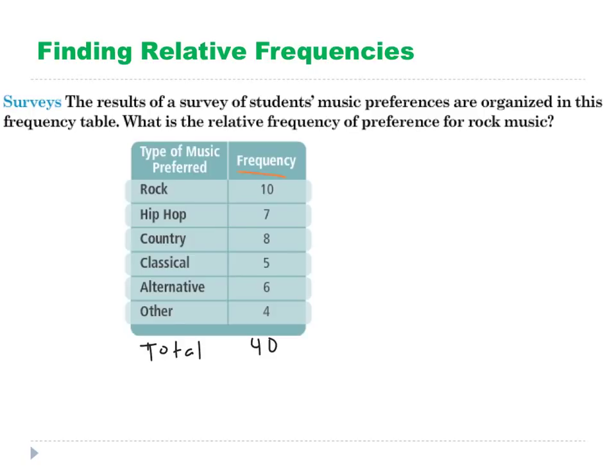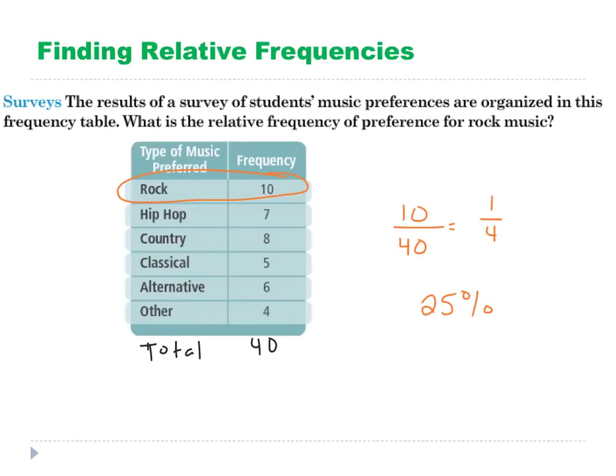Well, there were 10 that had a preference for rock music out of 40 total. So 10 out of 40. We know that simplifies to 1 out of 4, which is the same thing as 25%. So our relative frequency for a preference for rock music is 1 out of 4, or 25%.